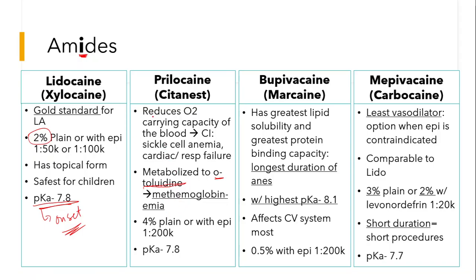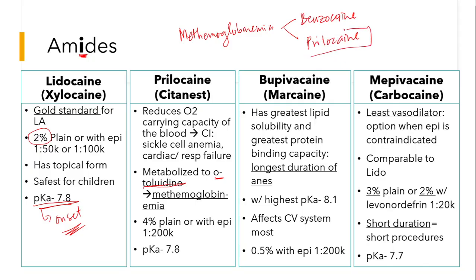So, when it comes to methemoglobinemia, you have two things. You have your benzocaine and you have your prilocaine. However, it is prilocaine that is oxidized to O-toluidine, which can cause your methemoglobinemia.